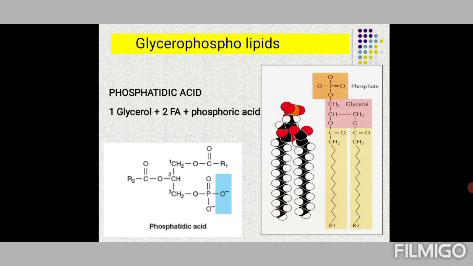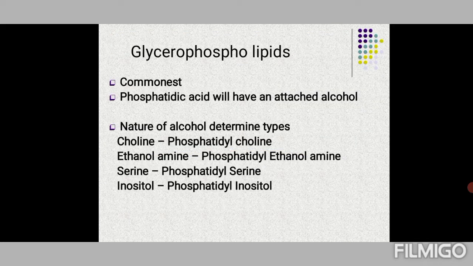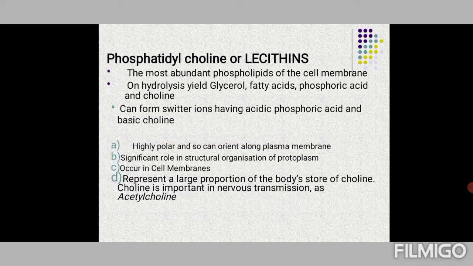That is the basis of classification of glycerophospholipids, and based on that, we have phosphatidylcholine, phosphatidylethanolamine, phosphatidylserine, phosphatidylinositol, and so on. These are the commonest of the glycerophospholipids.